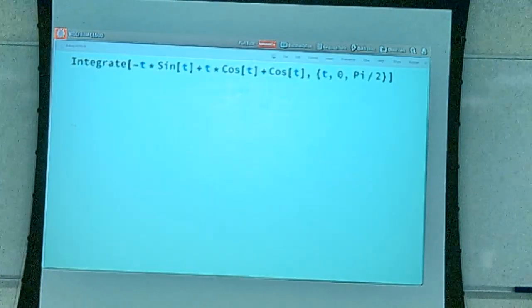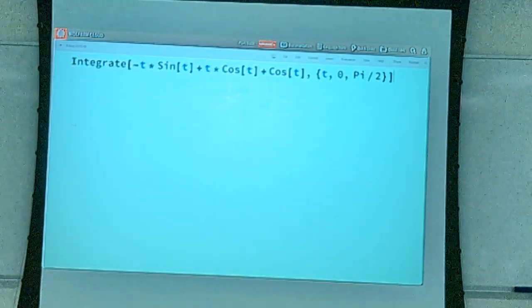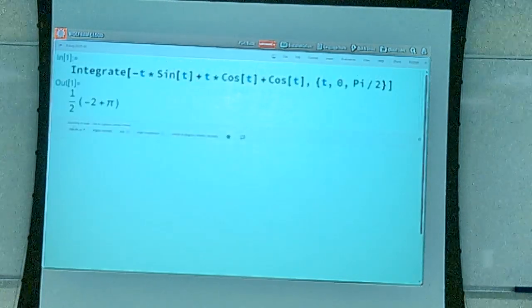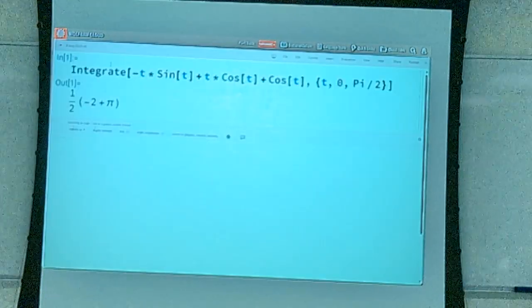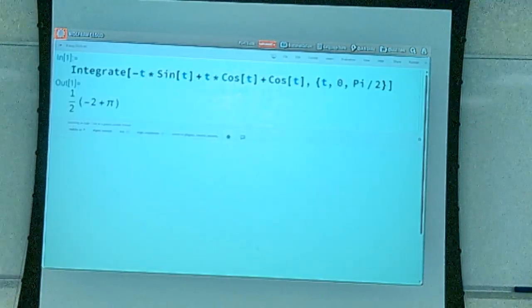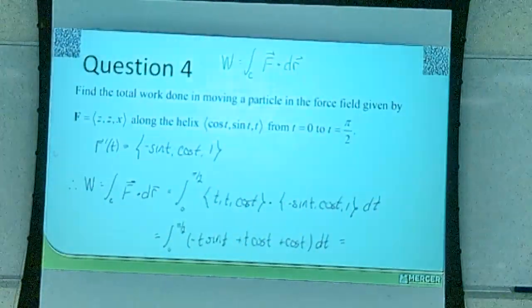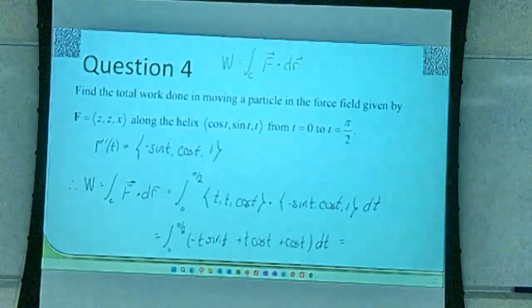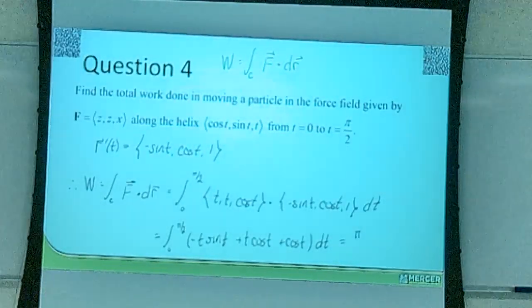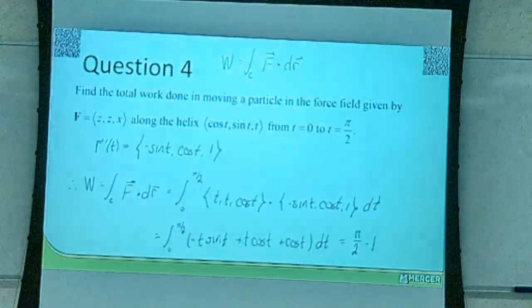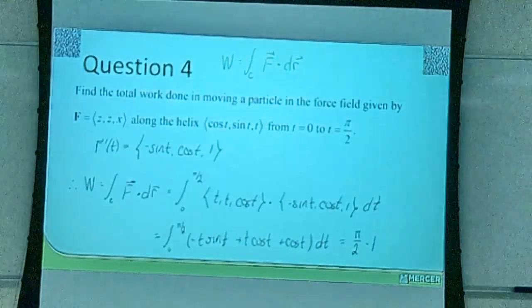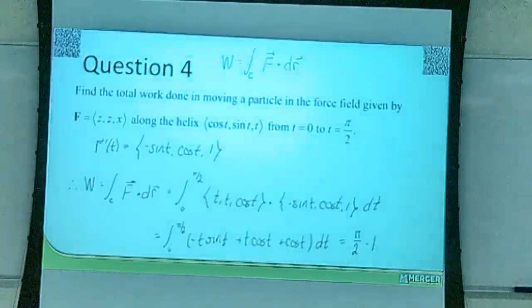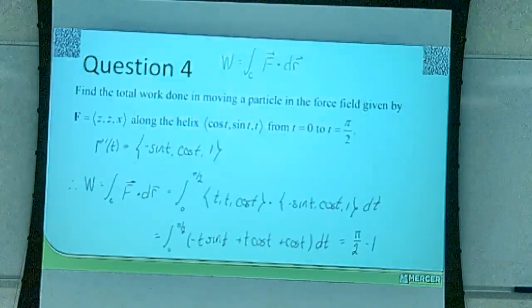So I'm just going to let Wolfram do it for me. Pi over 2 minus 1. There we go, that's that easy.